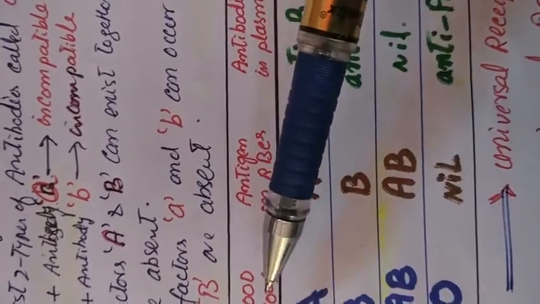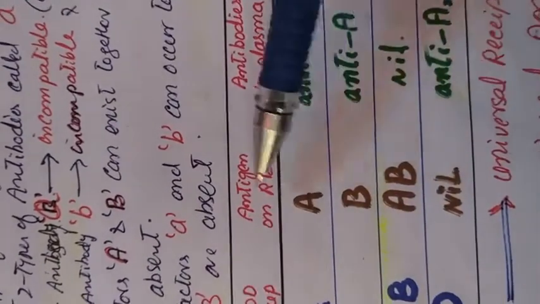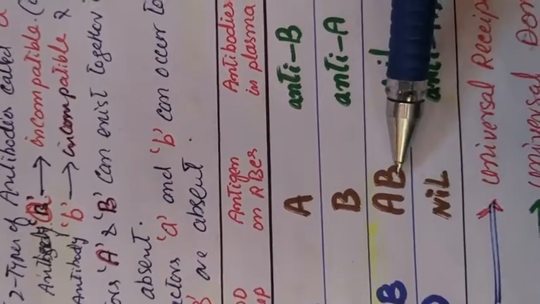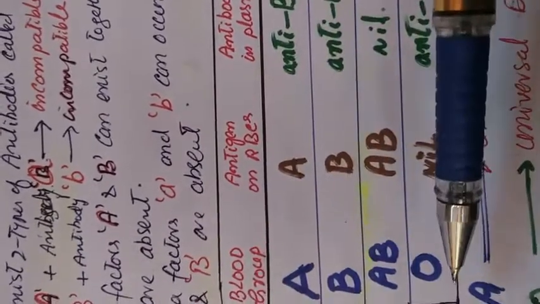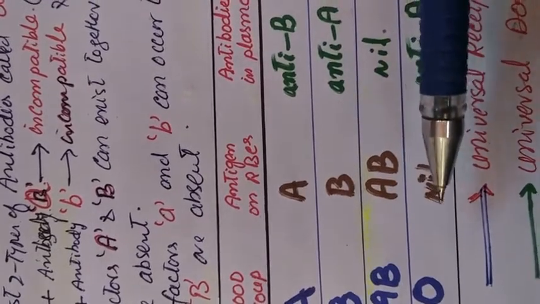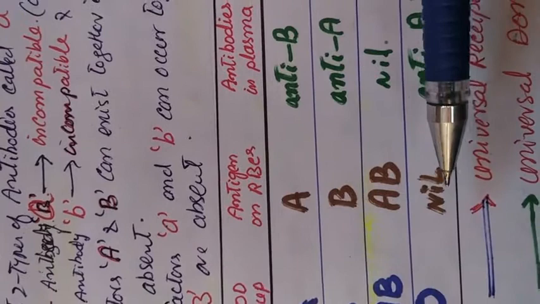Similarly, a person having blood group AB has both antigen A and antigen B on the surface of its red blood cells, while blood group O means it has neither antigen A nor antigen B on its red blood cells.